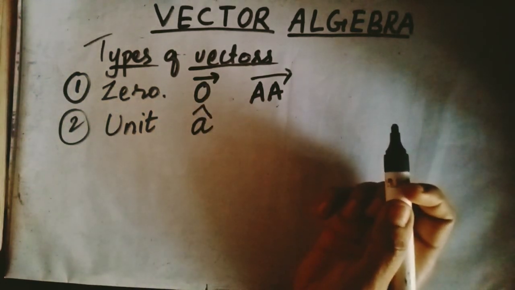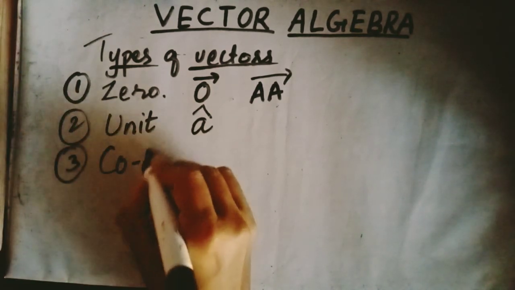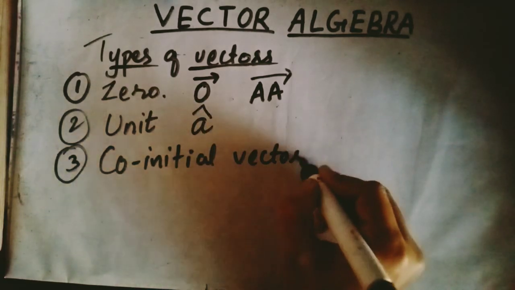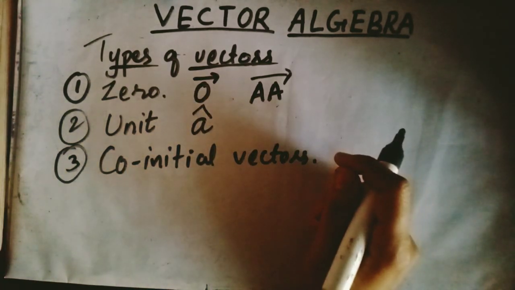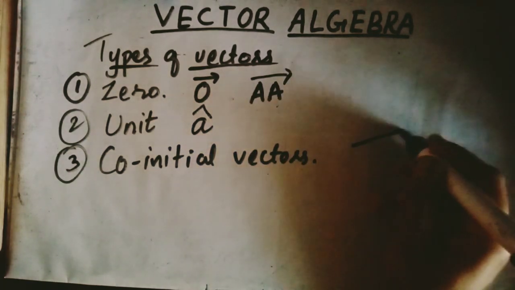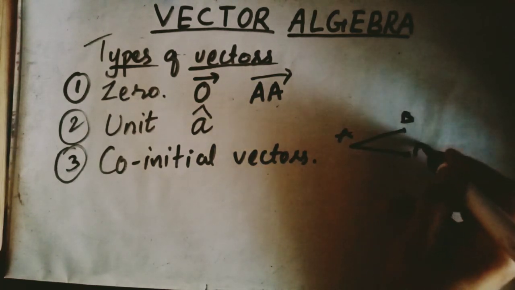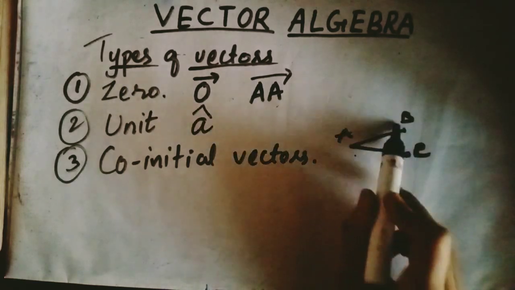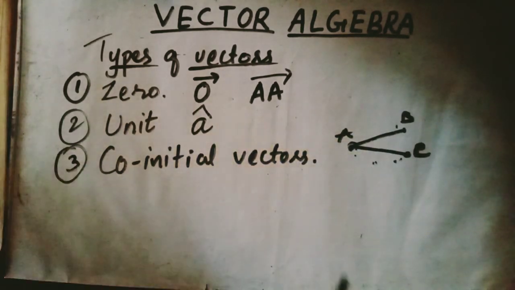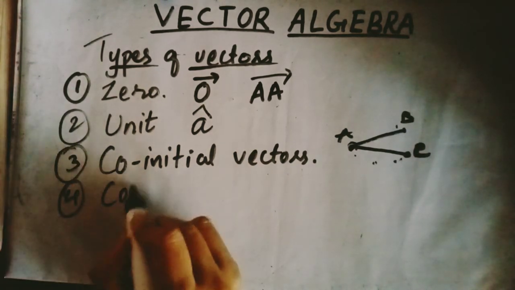Then we have co-initial vectors. Co-initial vectors means two or more vectors having the same initial point. Your AB vector and your AC vector both have the same initial point, so these are called co-initial vectors. Then we have collinear vectors.